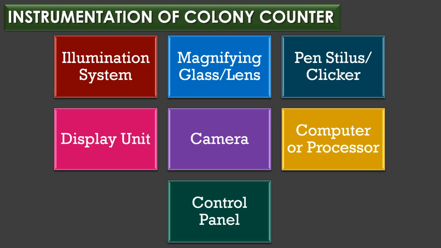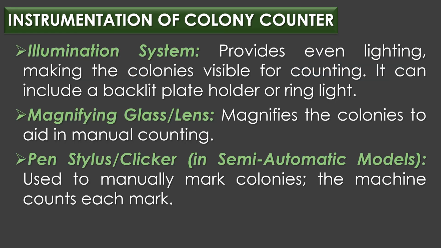Instrumentation of colony counter. The colony counter contains 7 major parts. They are illumination system, magnifying glass or lens, pen stylus or clicker, display unit, camera, computer or processor, and control panel. Illumination system. An illumination system provides even lighting, making the colonies visible for counting.